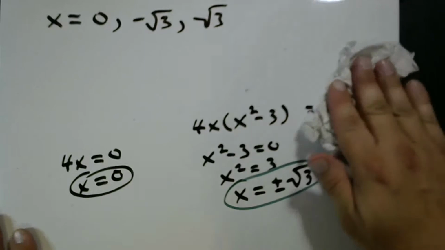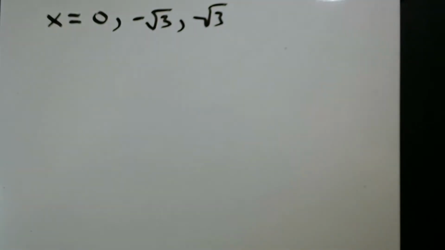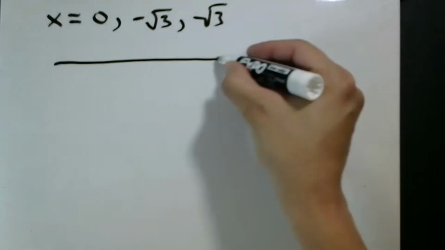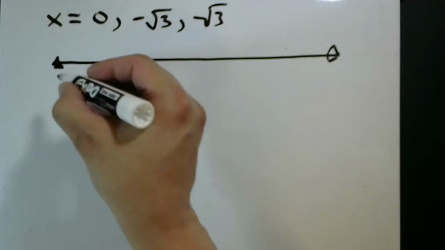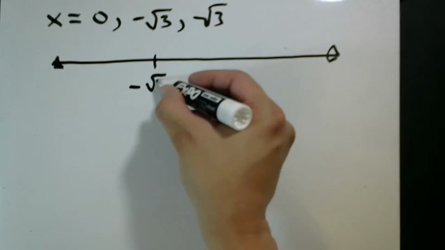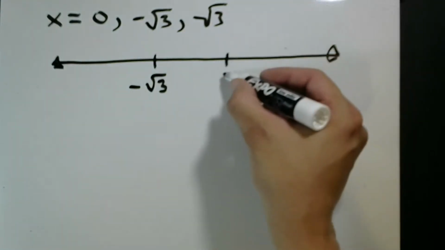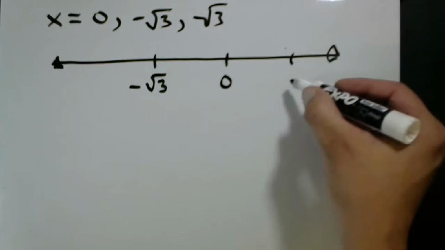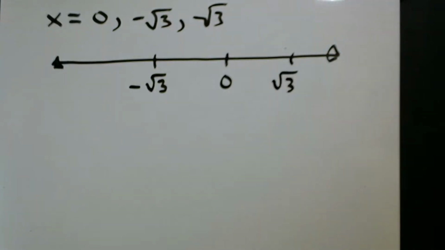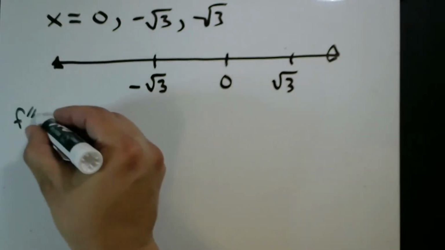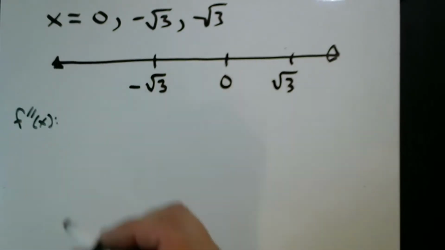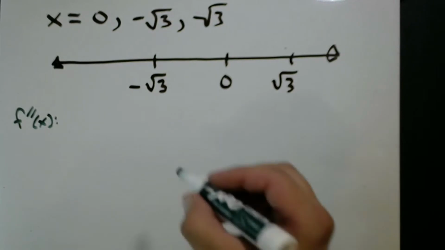So let's study the concavity. Now we're going to do the same thing as before with the first derivative, but with the second. So instead of looking at the values of the first derivative, we're going to look at the values of the second derivative.